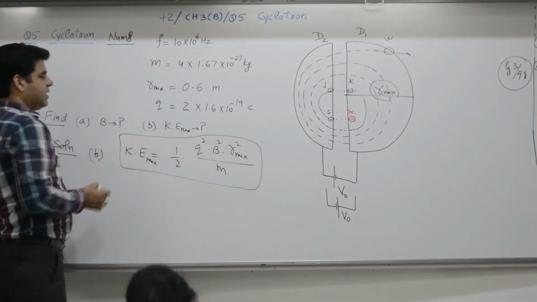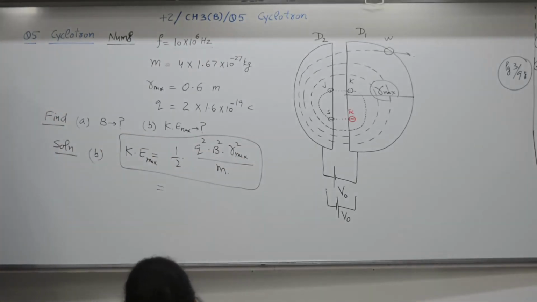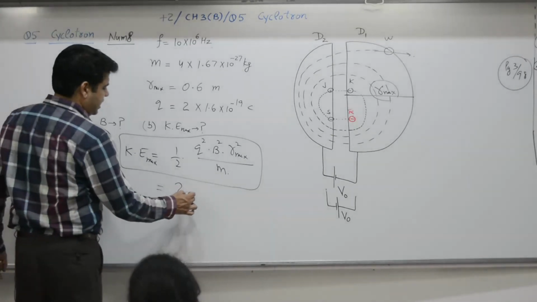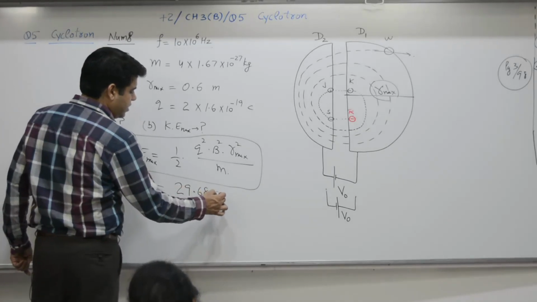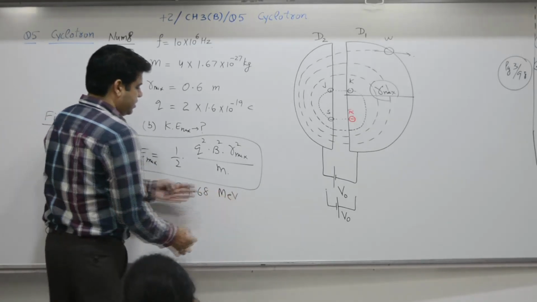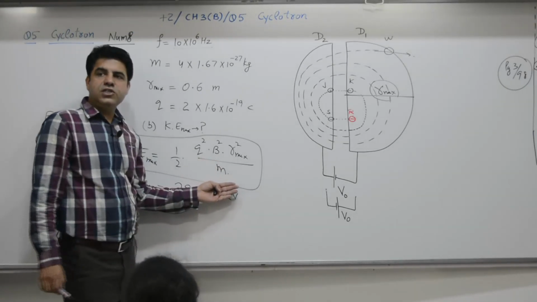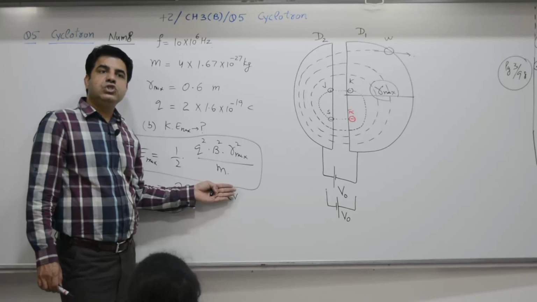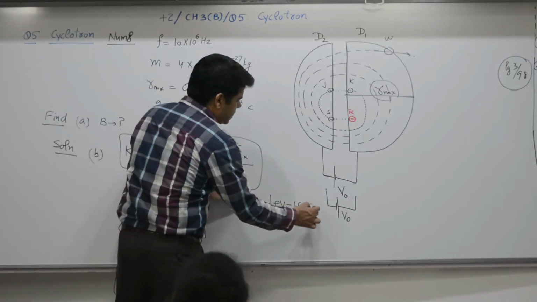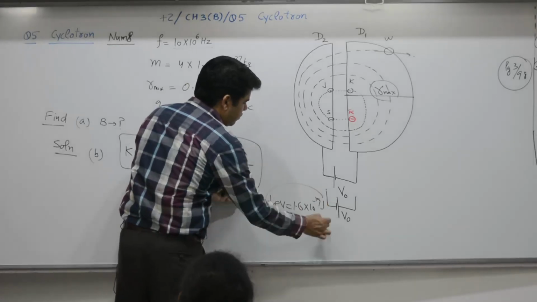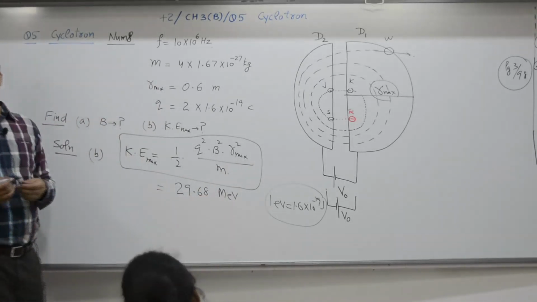Just write the formula, do the calculations later, and put the answer from the book. 29.68 mega electron volt. Something very important: when you solve with all units in SI, you will get the answer in joules. You will change joule to electron volt. How? 1 electron volt is equal to 1.6 into 10 raised to power minus 19 joule. You will use this to change the answer from joule to electron volt to conform to this value.